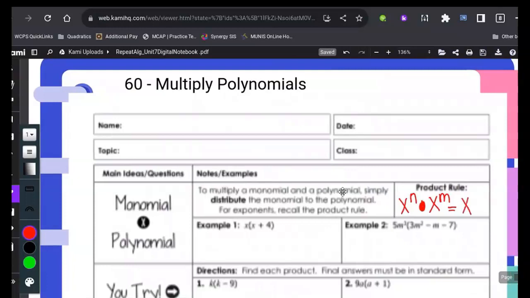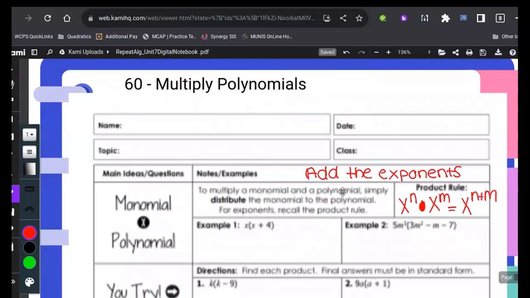So this would become x to the n plus m. So basically, we're just going to add the exponents. So we're going to multiply the coefficients and add the exponents.